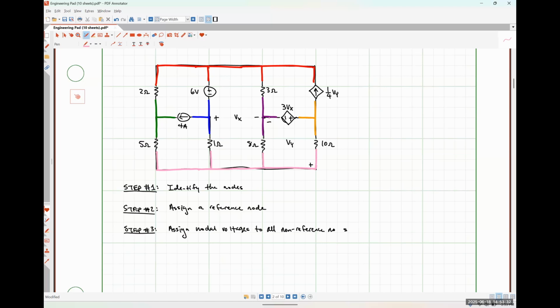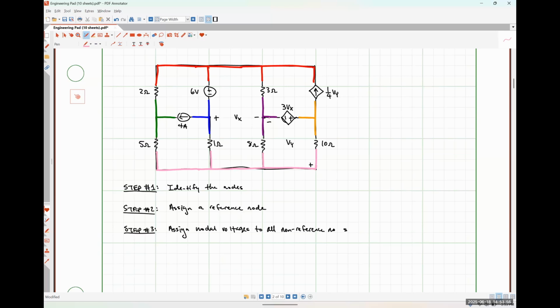Well, in this particular circuit, our red node is touching 1 voltage source, our blue node is touching 1 voltage source, our purple node is touching 1 voltage source, and our orange node is touching 1 voltage source. So any of those 4 nodes would be a reasonable choice for our reference node.